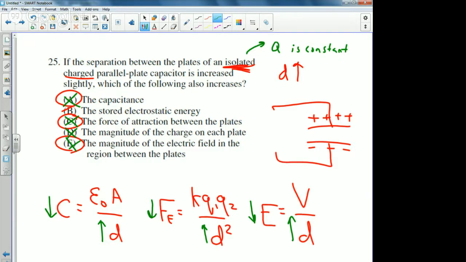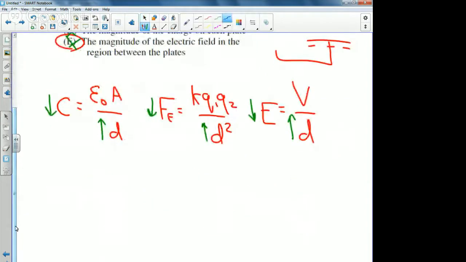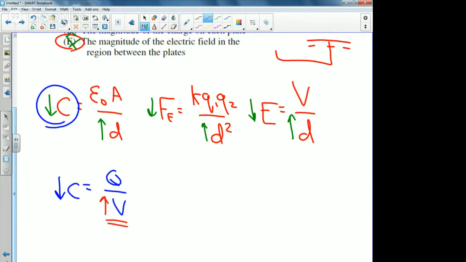Now, of course, this leaves us with our default answer of B, electrostatic energy, but why is that the choice? Well, based on the formula, C is equal to Q over V. We already proved that the capacitance is decreasing. If Q stays the same, that means that the potential difference must be increasing in order for that to work. So the potential difference would have been a possible choice of something that's increasing.